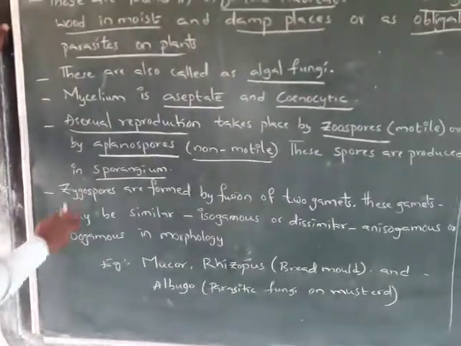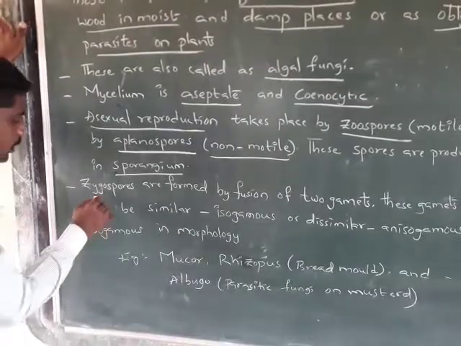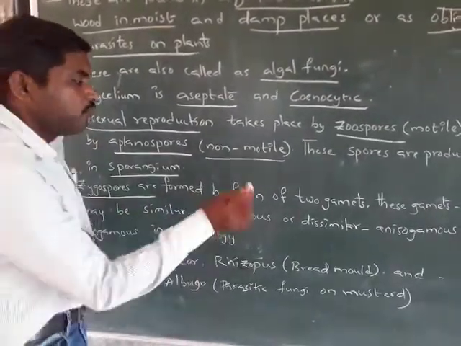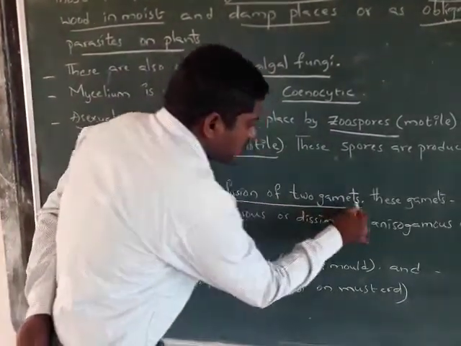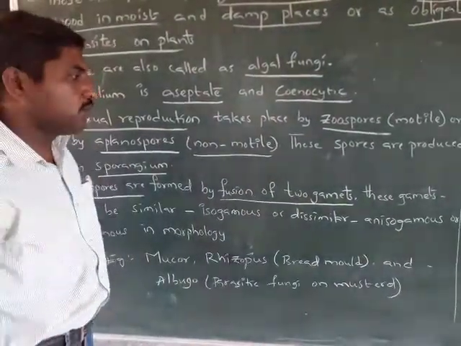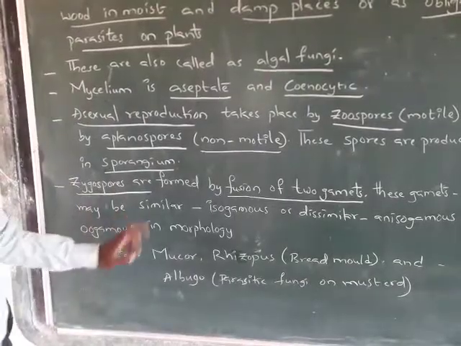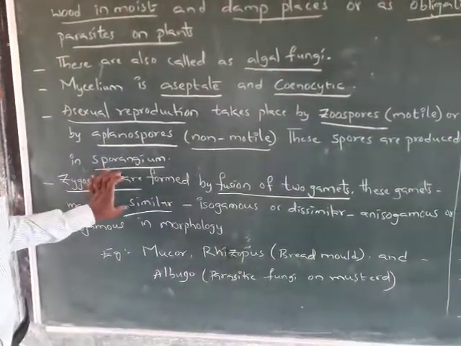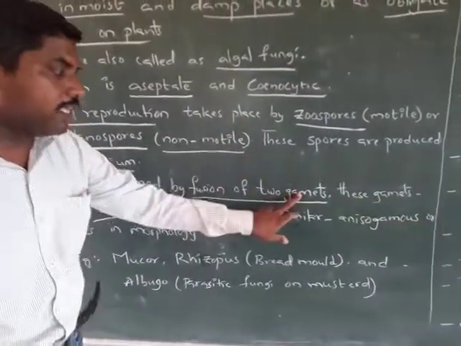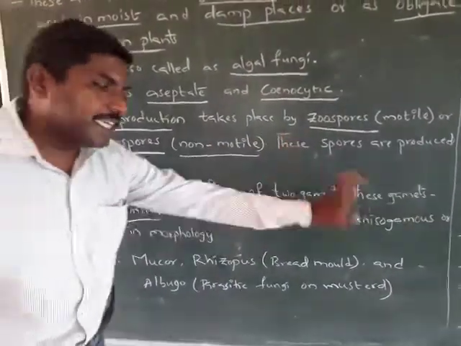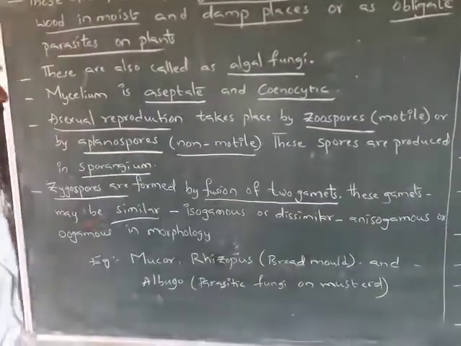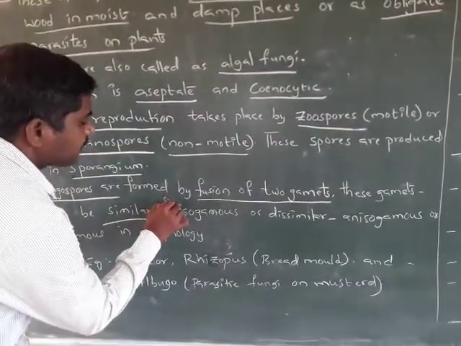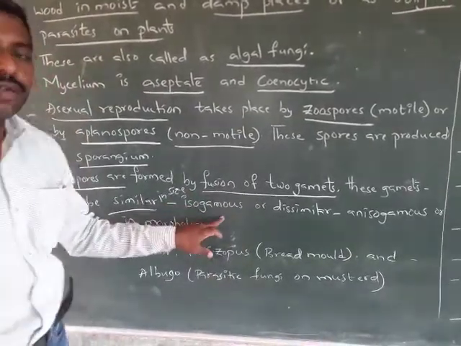Coming to sexual reproduction, zygospores are formed by the fusion of two gametes. These gametes may be similar in size, which is called isogamous.